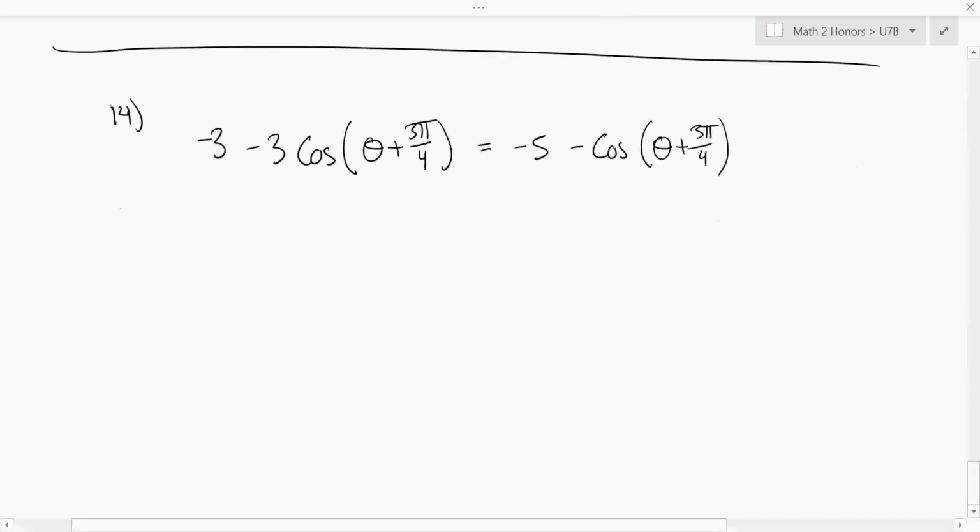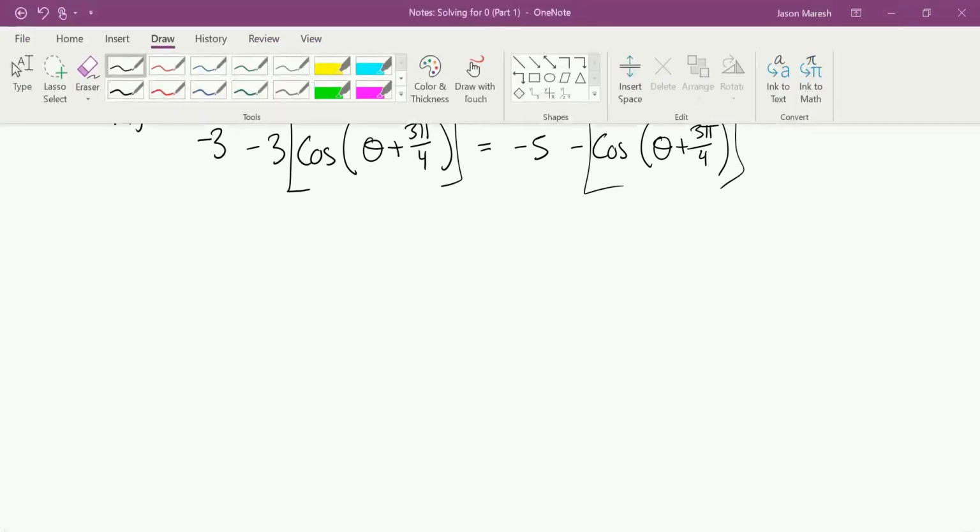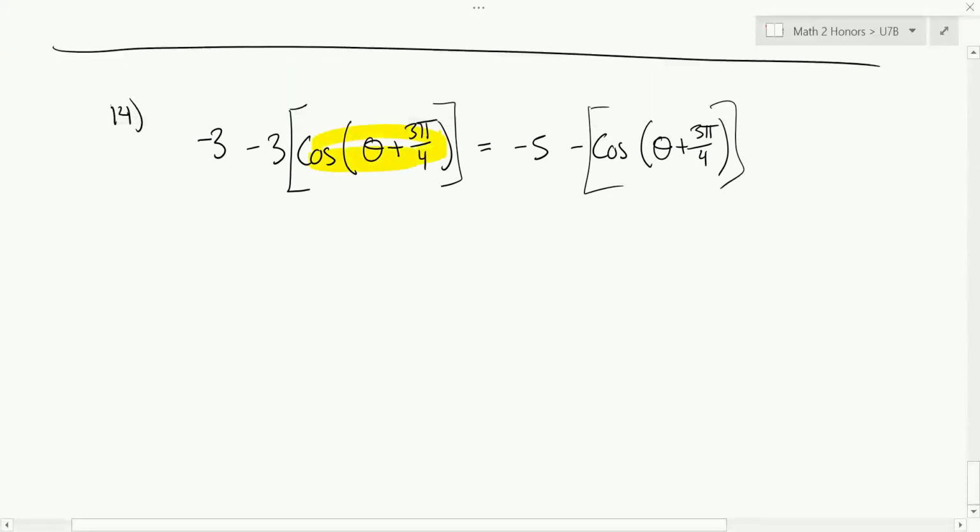So this is like all the other ones. You want to isolate your cosine in this case. Get it by itself. And the cosine comes with the angle. So this whole piece is one package together. Okay? You cannot separate any of this. It's got to stay together.